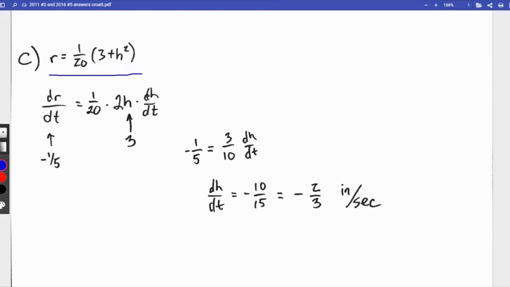Again, I wrote down inches per second because I knew that's what it was. But I believe this is probably the point where you've gone as far as you would need to go to get the full credit.